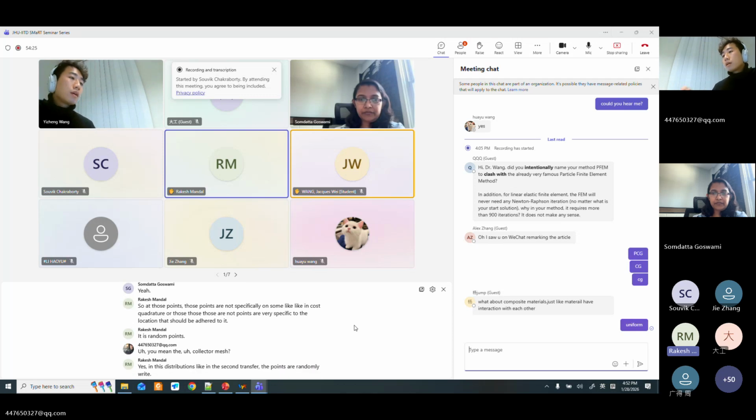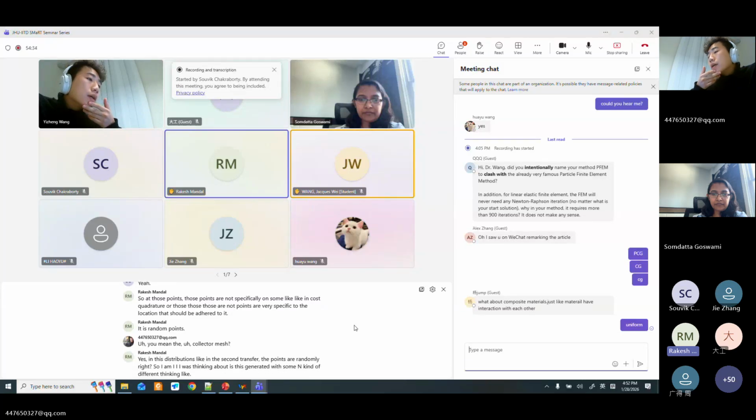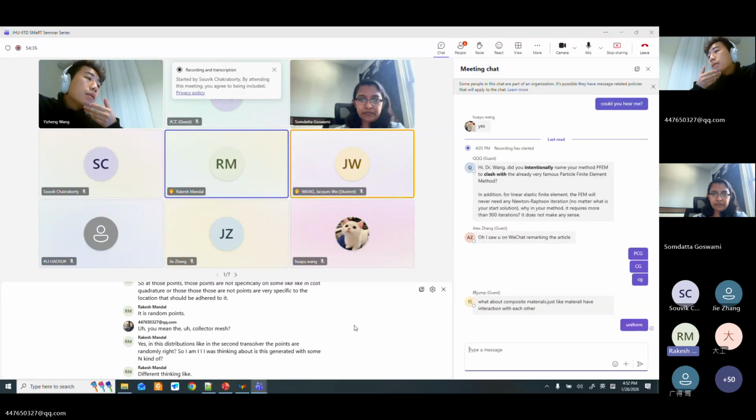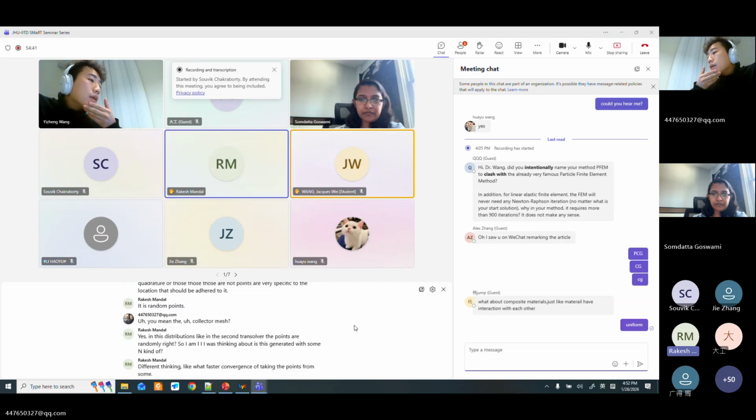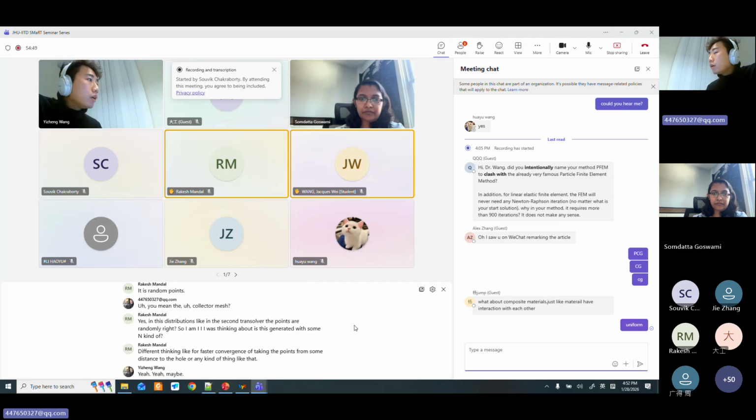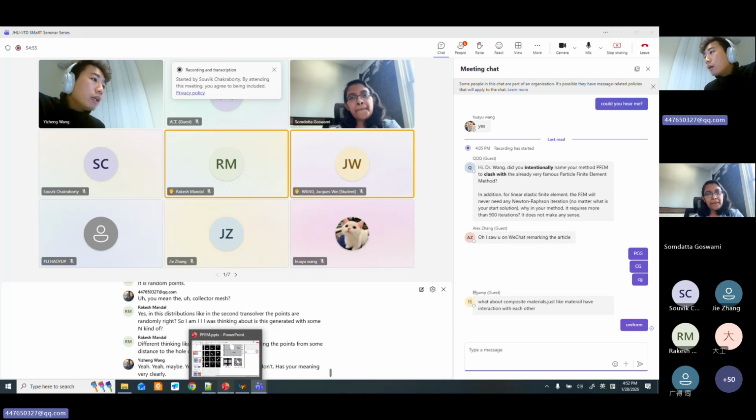So I was thinking about, is this generated with some different thinking, like for faster convergence, taking the points from some distance to the hole, or any kind of thing like that? Yeah, maybe. I don't catch your meaning very clearly. So what's your meaning about this one?